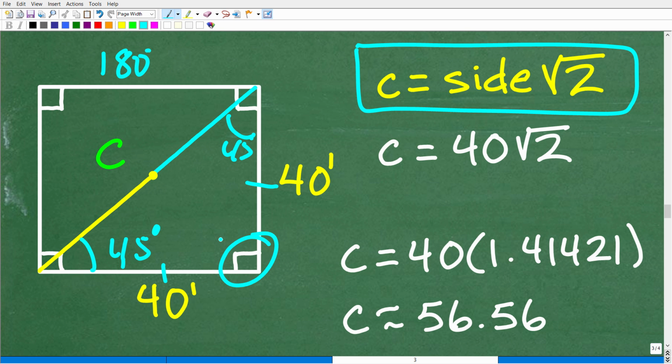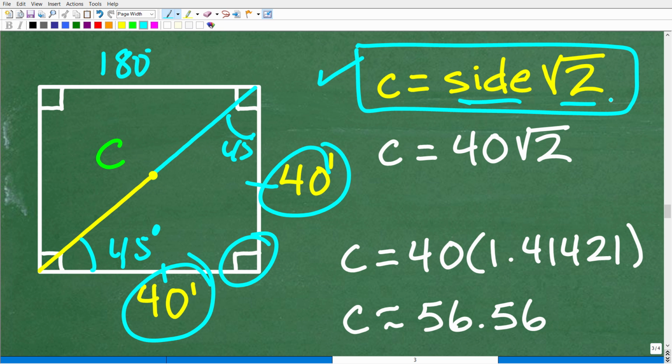Okay, so instead of doing a Pythagorean theorem, we can use this shortcut formula. So when you have this scenario, all we need to do is to take a side, right? And remember, these sides are congruent as well. Basically, we're talking about a square and simply multiply it by the square root of 2. All right, so let's just go ahead and test this.